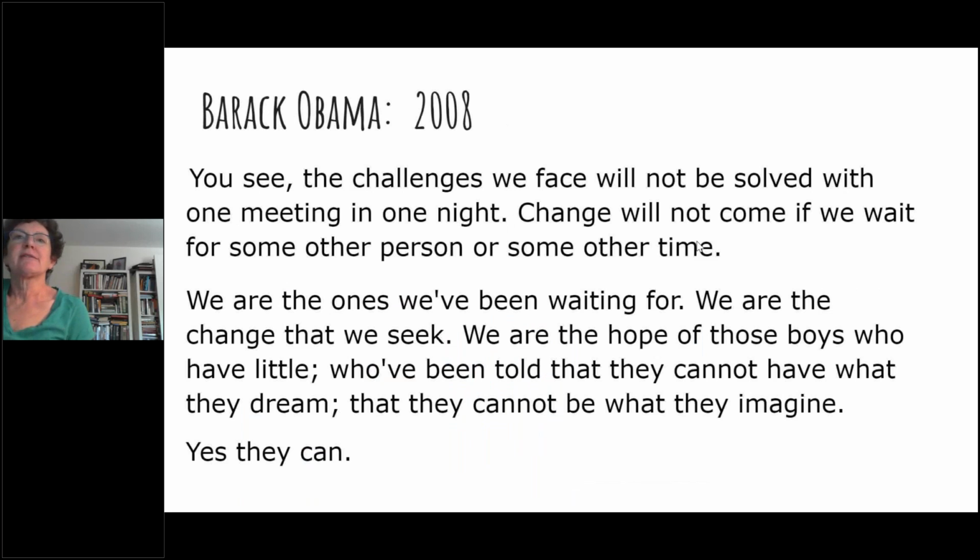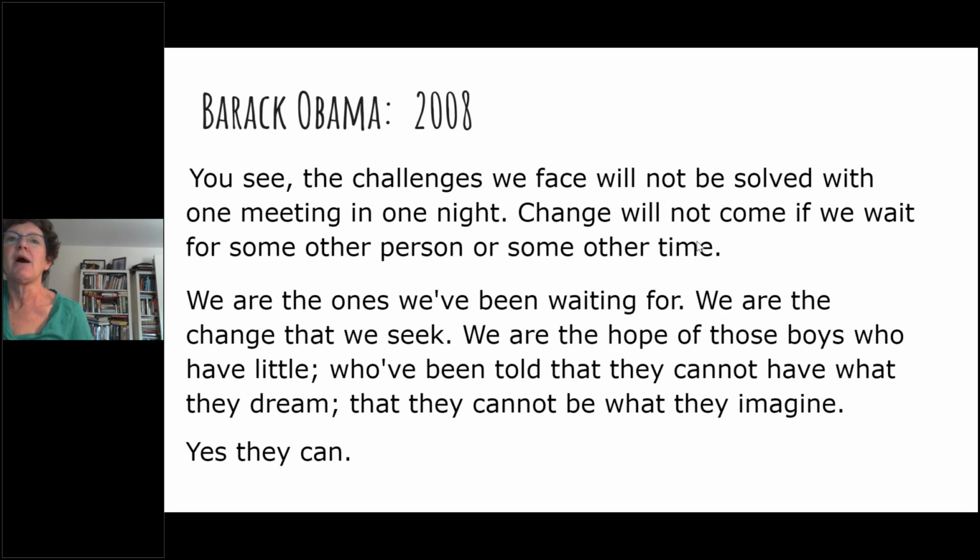Here's another text. This one is a speech that was given by Barack Obama in 2008 on the night of Super Tuesday in the primary elections. And at that time, he said, "You see, the challenges we face will not be solved with one meeting in one night.